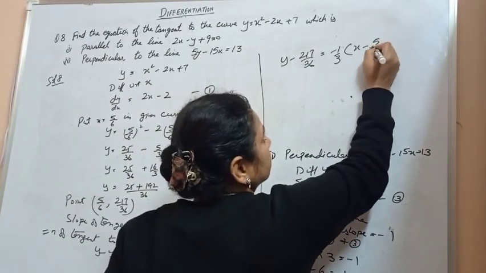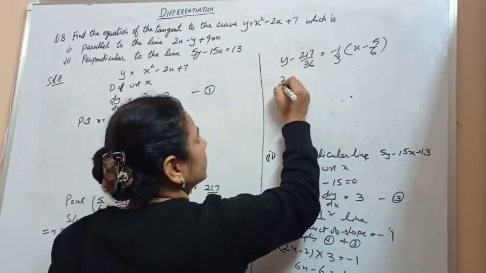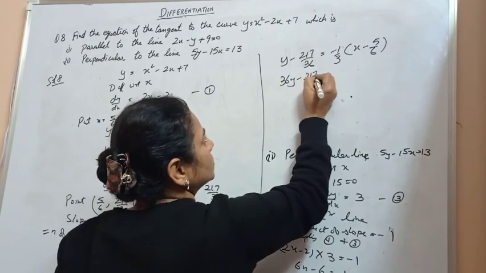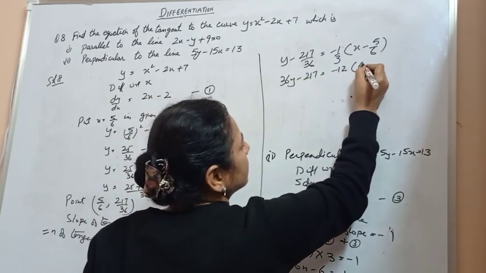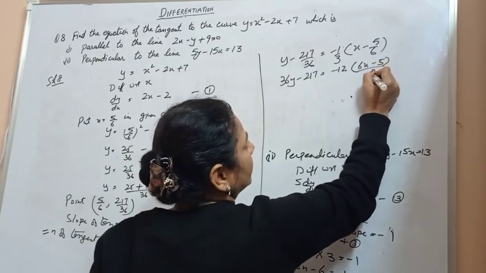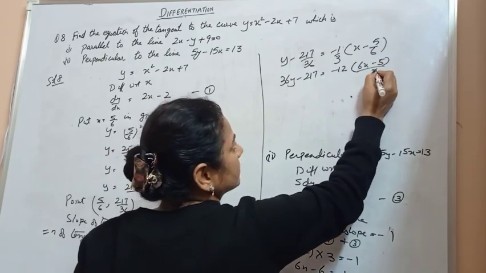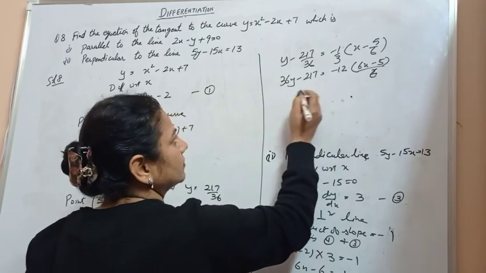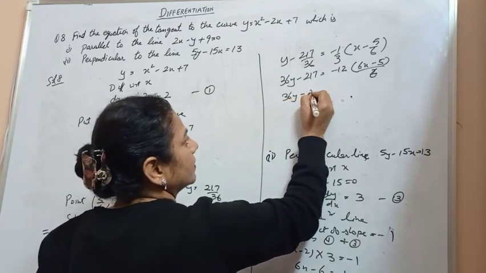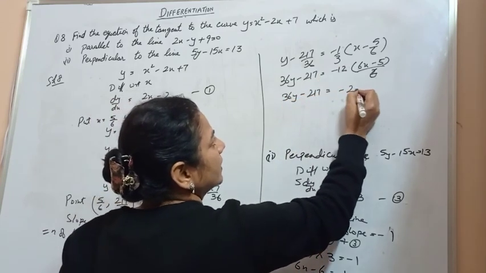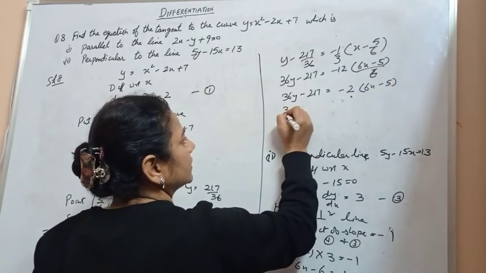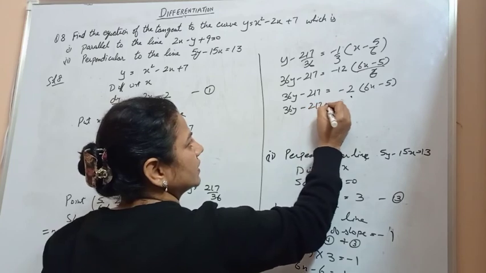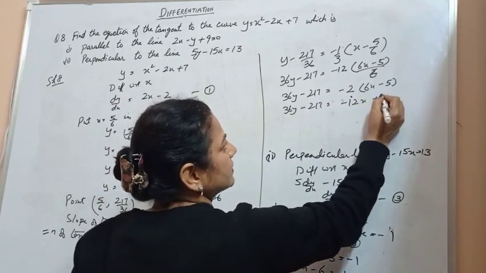On solving, I get 36y − 217 = −12(6x − 5)/6. Upon cancelling out, we come to 36y − 217 = −2(6x − 5), that is 36y − 217 = −12x + 10.